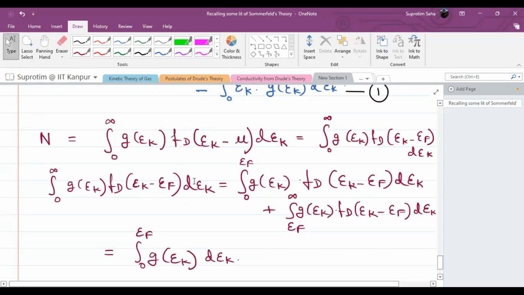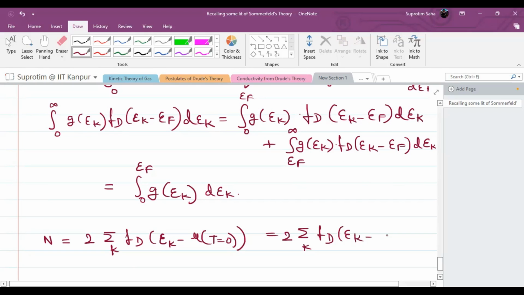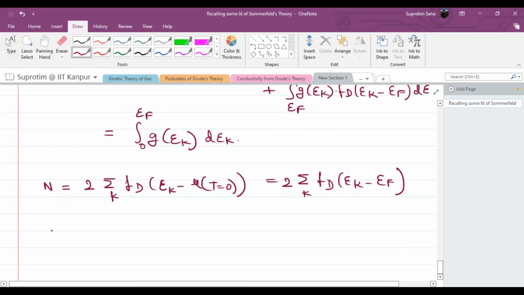So n was 2 times the summation over k of Fermi-Dirac of epsilon k minus mu at t equals 0, which is 2 times the summation over k of Fd of Ek minus Ef. So that was a summation form, and we wrote it in integral form. So n by v, remember it was divided by the volume.